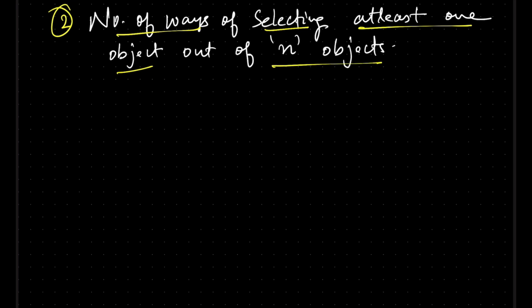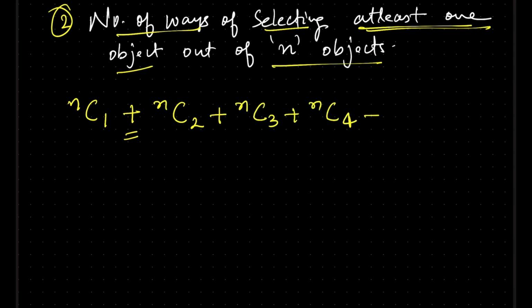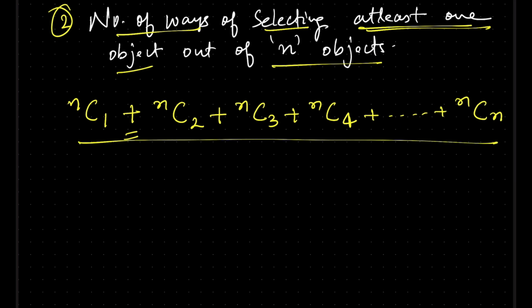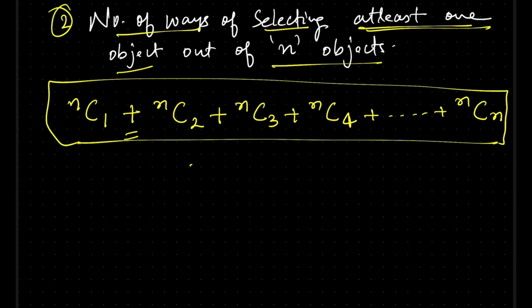So if n objects are there, then to select at least one object, you can either select only one object, or you can select two objects, or three objects, or four objects, and similarly you can select n objects. If you take the summation of this entire expression, then by the binomial theorem you will get the formula 2 to the power n minus 1.